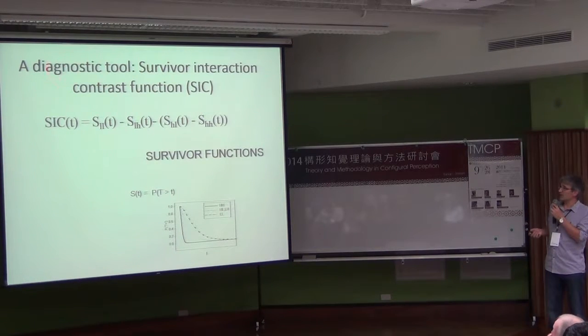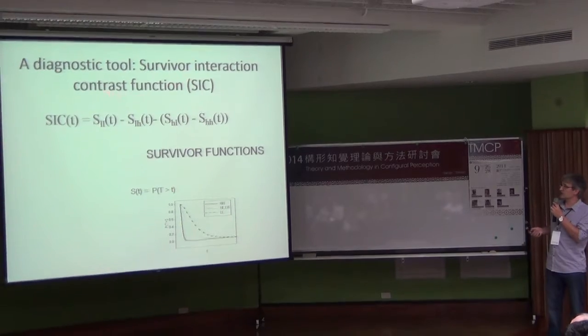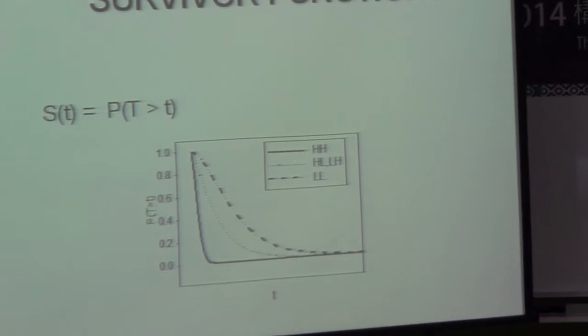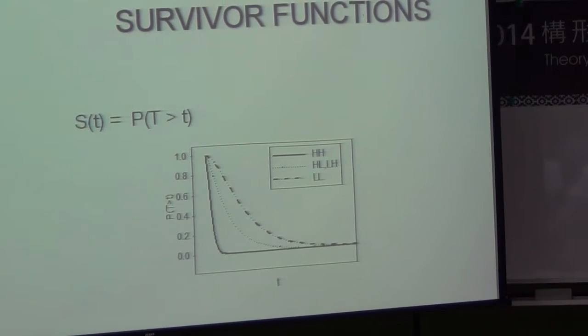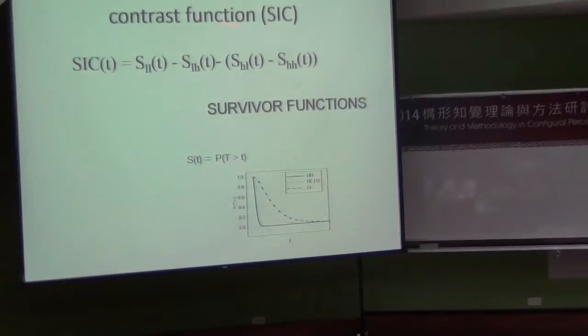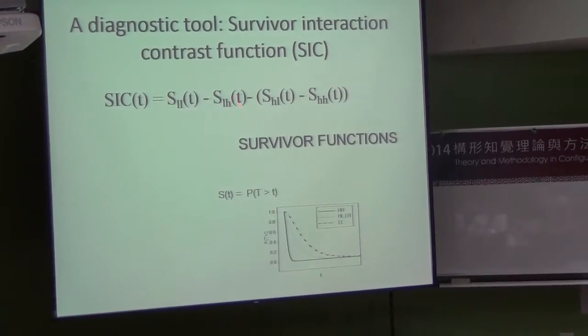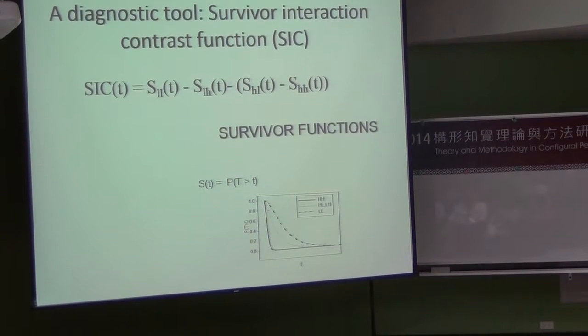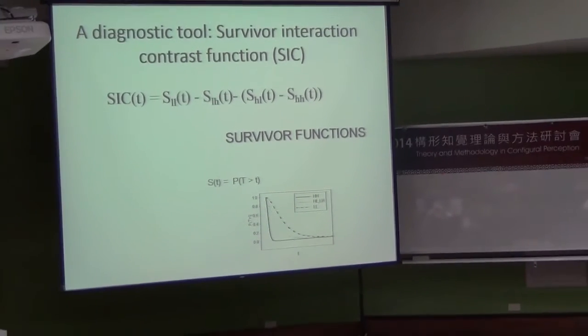So the main diagnostic tool is the survivor interaction contrast function, the SIC. It is calculated from the survivor function by computing these double differences, factorially manipulating the levels of saliency. I'm not going to go into details at the moment; tomorrow we'll give you exactly what happens.